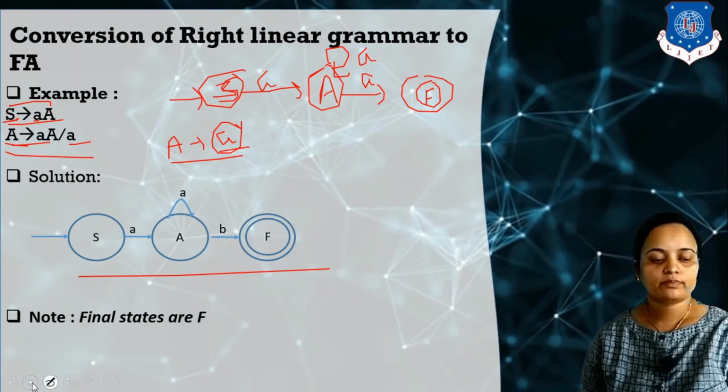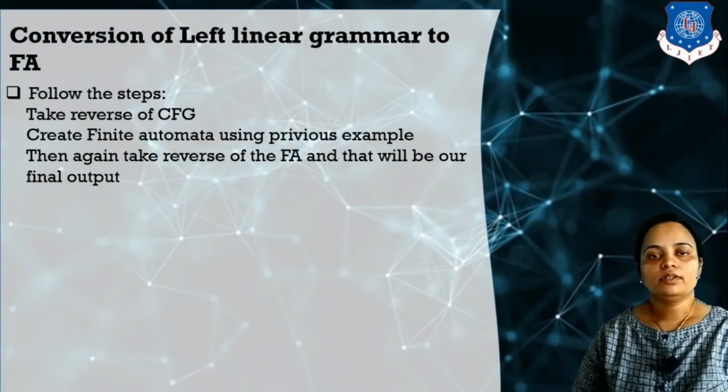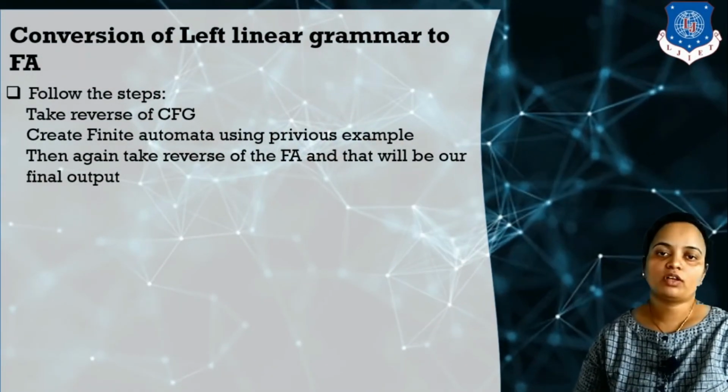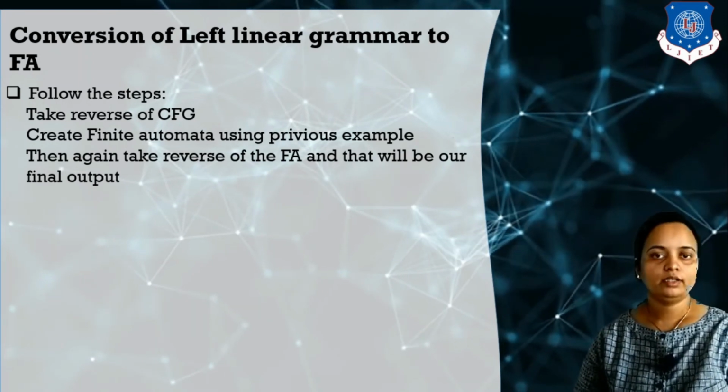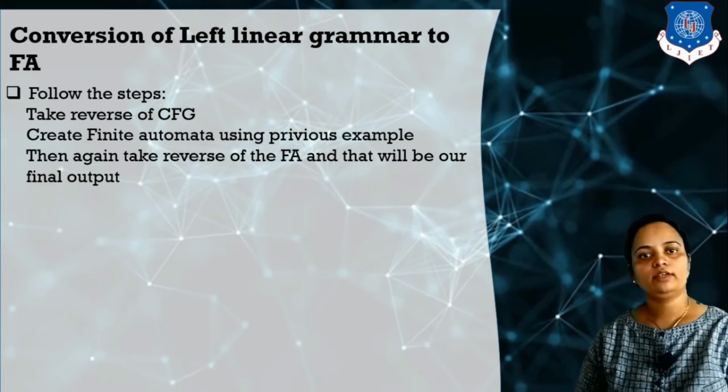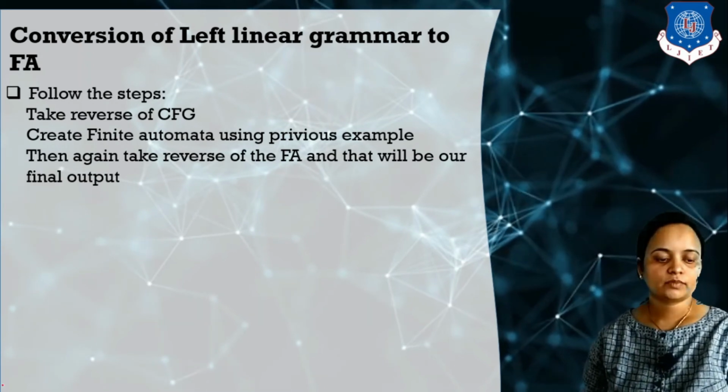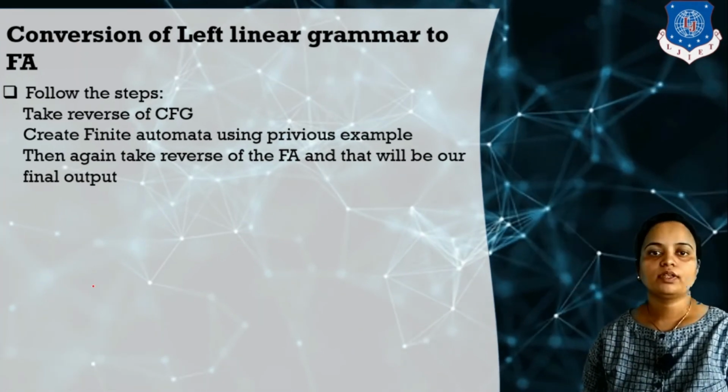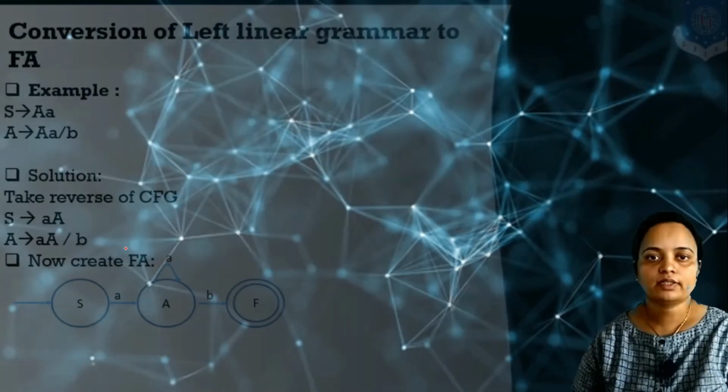Now we will see how to generate the finite automata from the left linear grammar. So we have to follow some steps. First reverse the left linear grammar, construct the FA, and then reverse the FA. Now let me see how we will construct the FA.